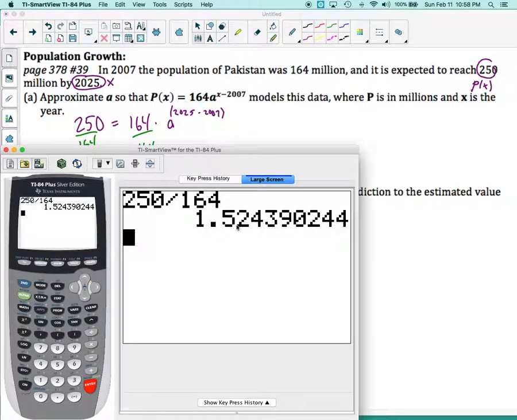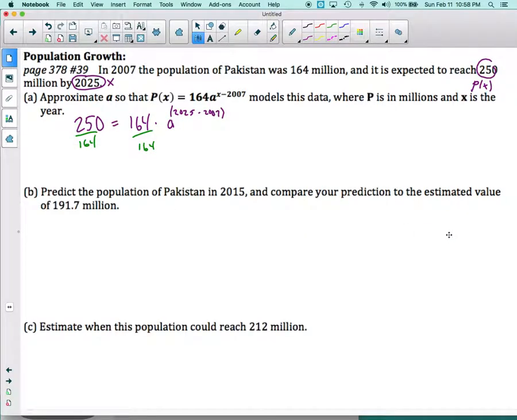All right, 1.52. Maybe we can say, let's go to the thousandth, 1.524. It's really not a good idea to round in the middle of a problem, but we can't do much about that at that point. And then a to the, let's see, 2025 minus 2007 is 18, so a to the 18th power.